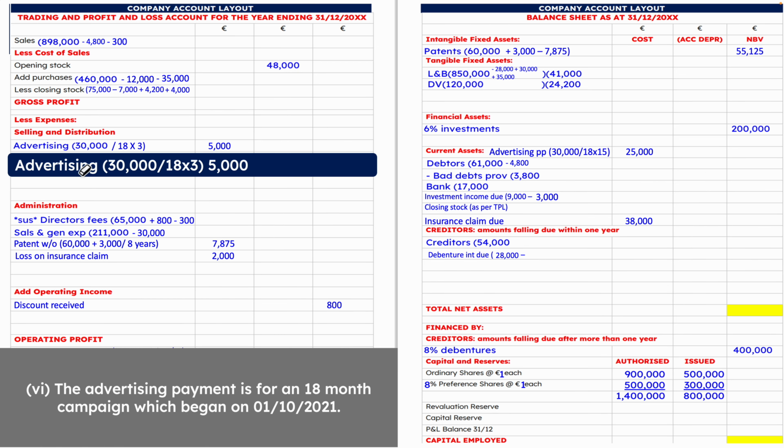So that is adjustment number 6 done, and you'll see more and more of these creeping up in exams. They're not that common, but the last few exams we have definitely seen them.